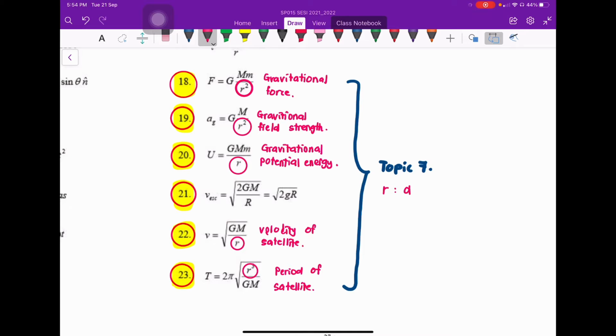So r is a distance from the center of an object or planet. And then look at the capital R symbol here for the escape velocity. So R here is Earth's radius.